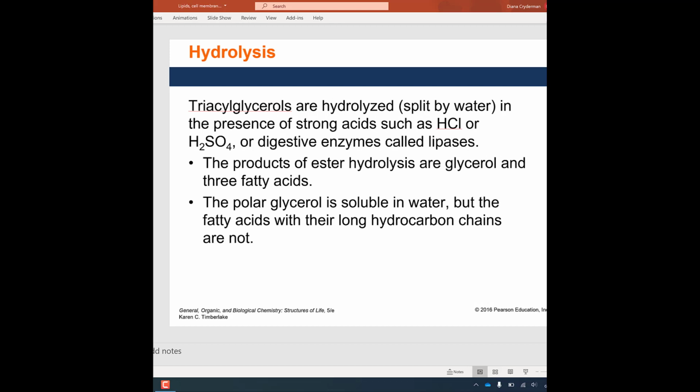Okay, so let's talk about something more along the lines of what happens when we eat these. So we do need to eat fats, whether it's produced or eaten naturally. We do also need to store fats and then use them later.